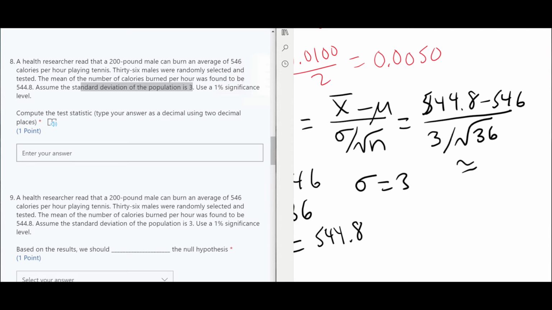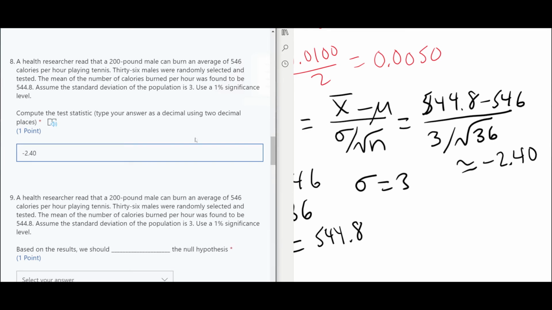So I get about negative 2.40 for my test statistic. Now I actually got negative 2.4, but they wanted it to 2 decimal places, so make sure you include that extra 0. So negative 2.40.